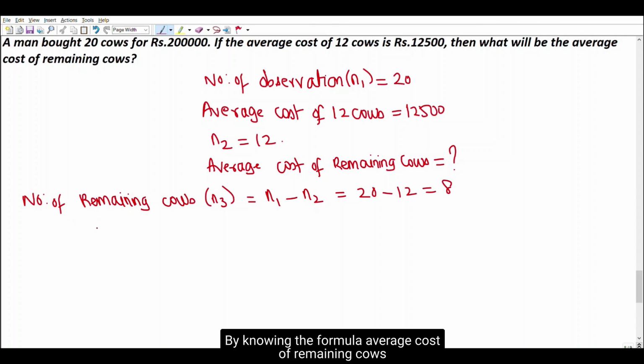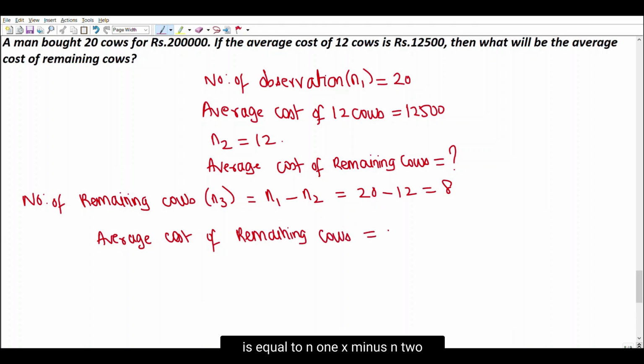By knowing the formula, average cost of remaining cows is equal to n1x minus n2y whole divided by n1 minus n2.